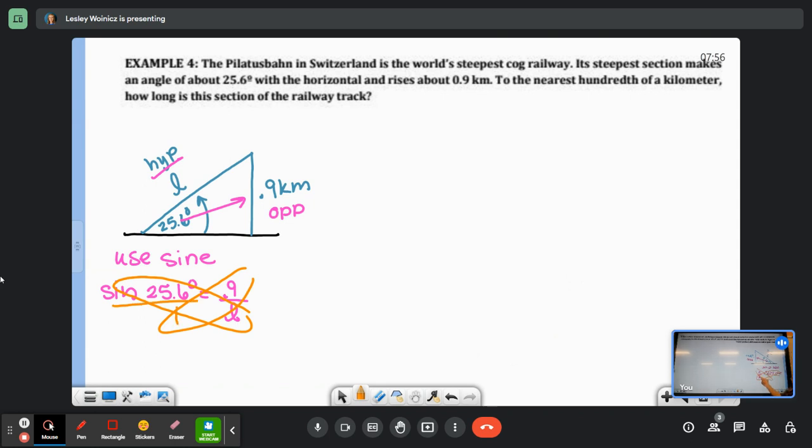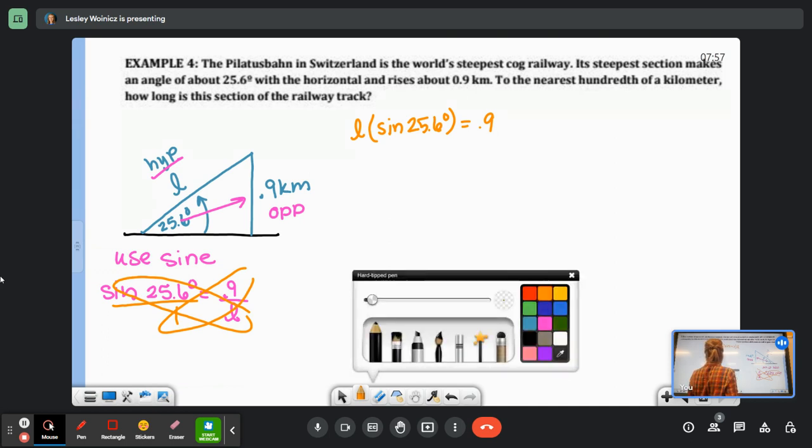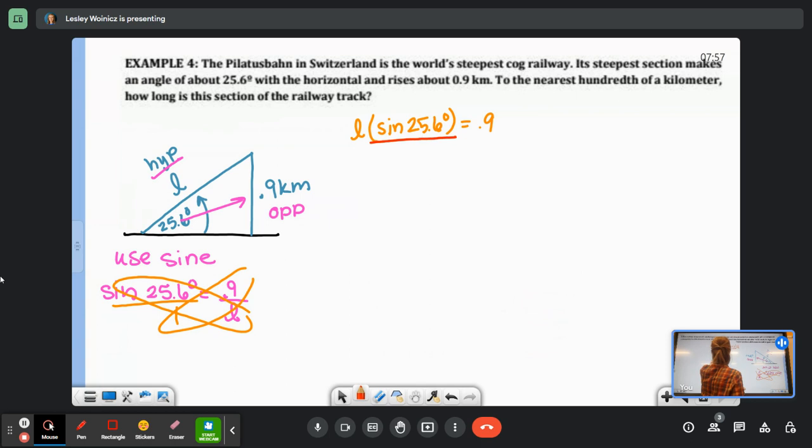So that would be L times the sine of 25.6 degrees equals 0.9. To get L alone, I just have to divide both sides by the sine of 25.6, which is just a number, a ratio.